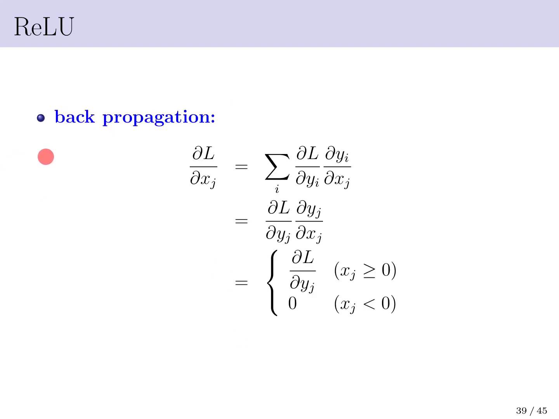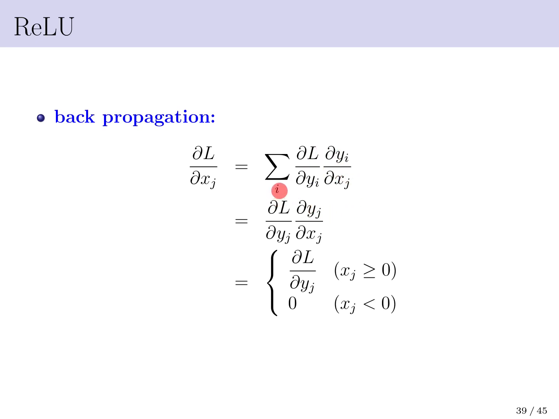So this is how you do the back propagation through the ReLU. So again, y is indexed by i, right? And the derivative of L with respect to xj is like this, just applying the chain rule.